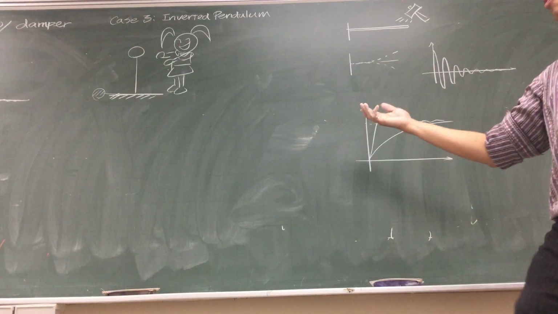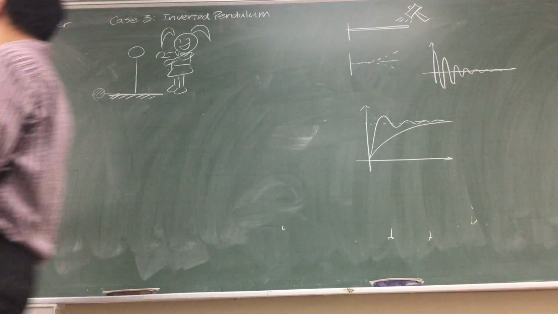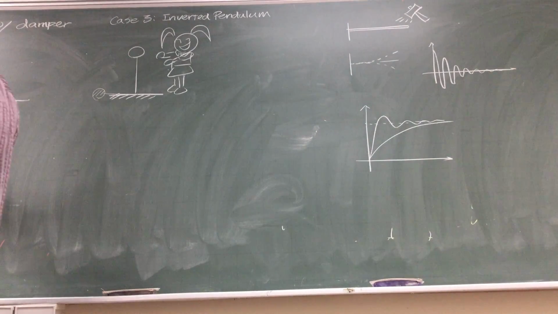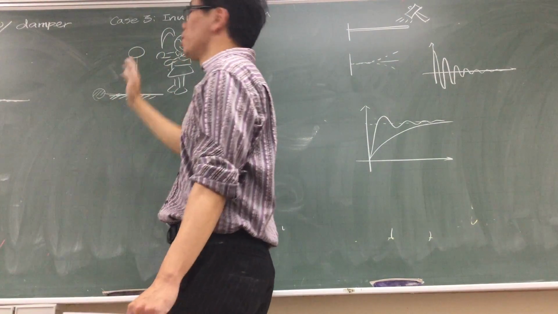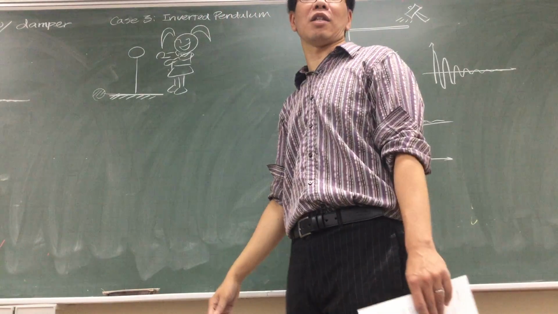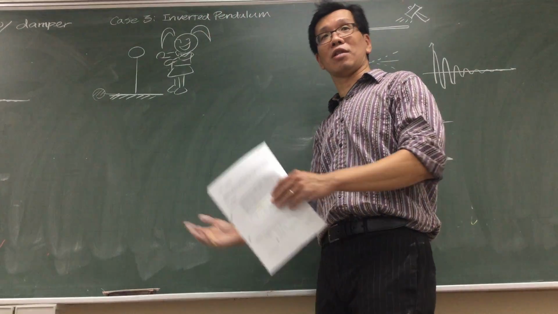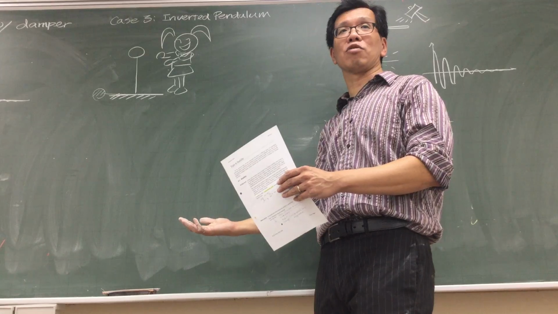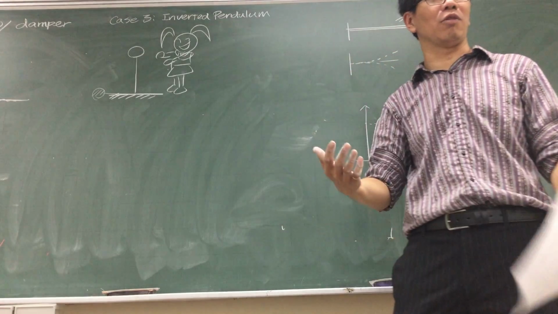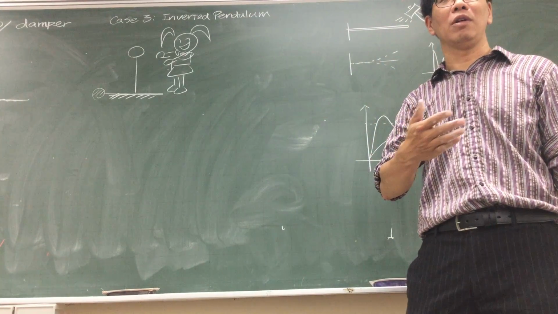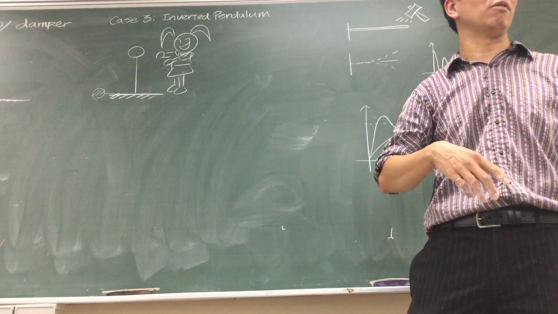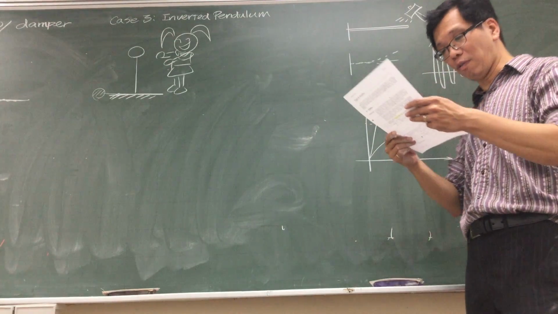So this one is critically stable. This one is asymptotically stable. This one at this position is unstable. Is that clear? Everybody understand how we define physically stable, unstable, and critically stable? Should be pretty straightforward to understand, right?